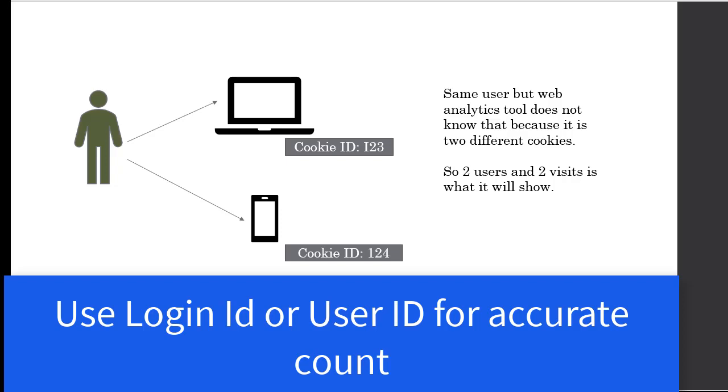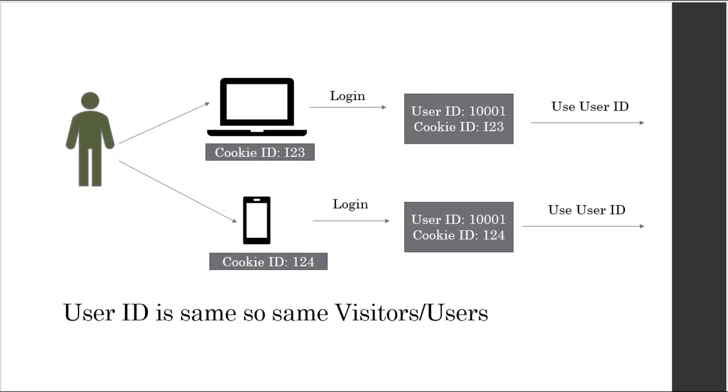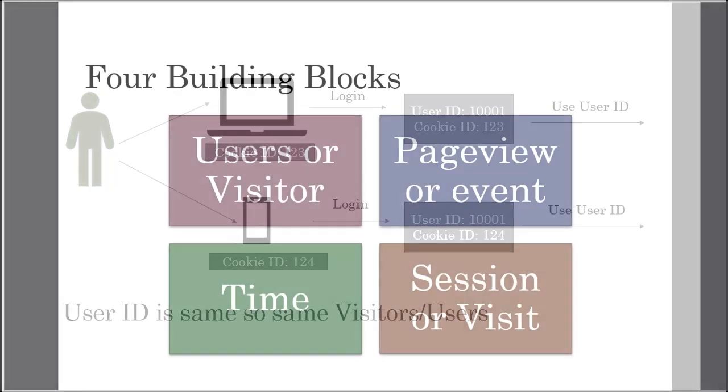In the case of Facebook, as soon as the user logs in, the user's ID is dropped in the cookie, and that's used to identify that user. So even if the user is logged into Facebook from IE, Chrome, or their phone, Facebook knows it's the same user by looking at that ID and hence is able to accurately count the number of users and sessions.